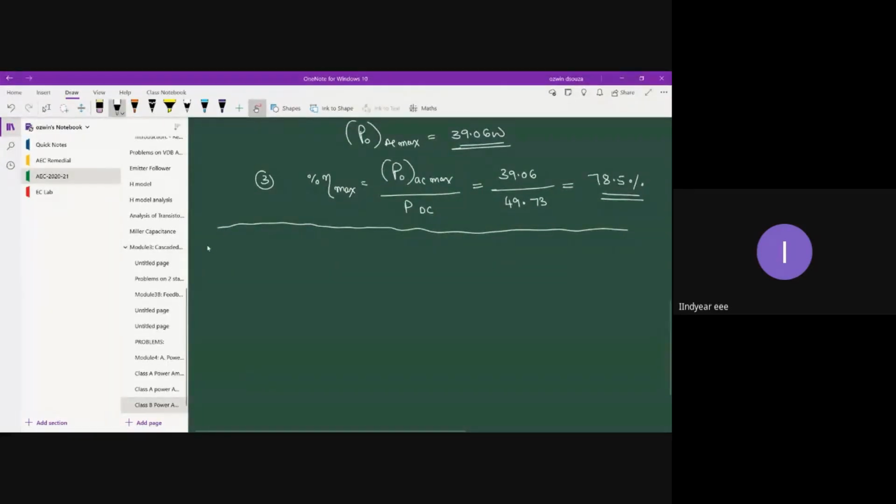Second problem, let's consider. The problem statement goes like this.